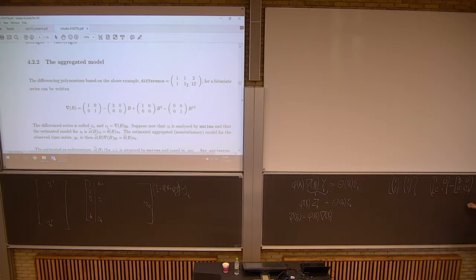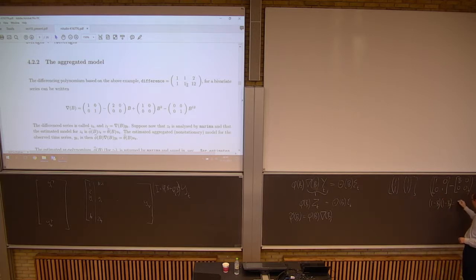And then I multiply it with the same thing. Now what you will see is that all these zeros mean that effectively we have 1 minus B, that is the one differencing operator. And then we multiply with that same thing again, with the second column.